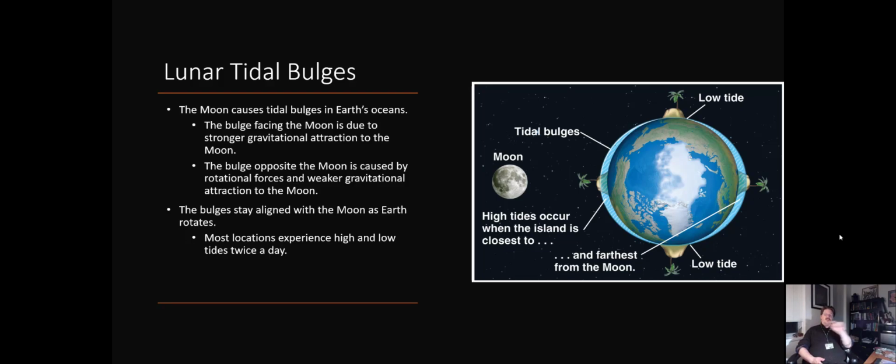So instead of being in a direct line, the tidal bulges are actually slightly off-center, because the Earth drags those bulges a little bit to precede or follow that direct line. High tides will occur prior to the moon being directly overhead.